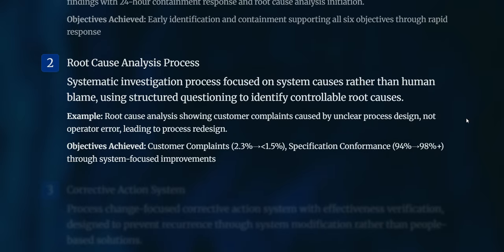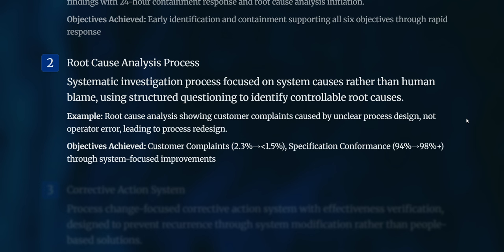The second output that you should have once you complete this module is root cause analysis processes. It must be a systematic investigation process focused on system causes rather than human blame, using structured questioning to identify controllable root causes.